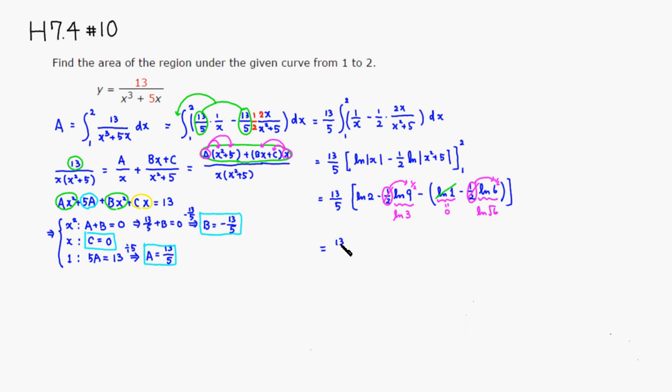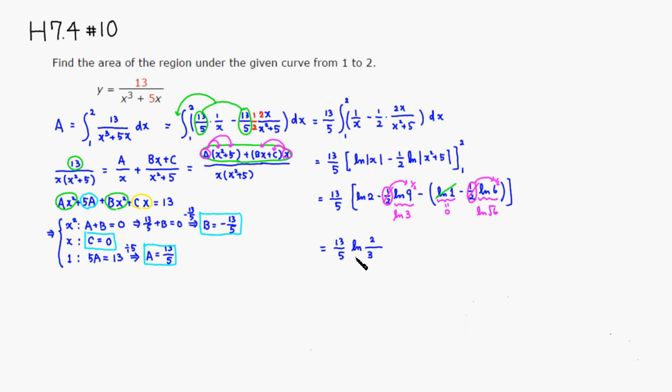So what you get is 13 over 5. I'm going to put all three natural logs into one. So you have a natural log, where 2 is going to be on top, and 3 is a minus, so 3 is going to be on the bottom.